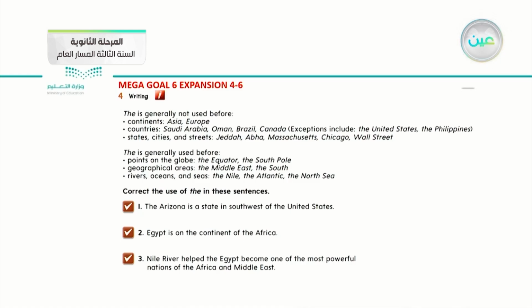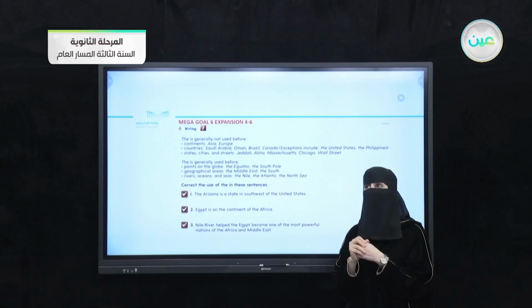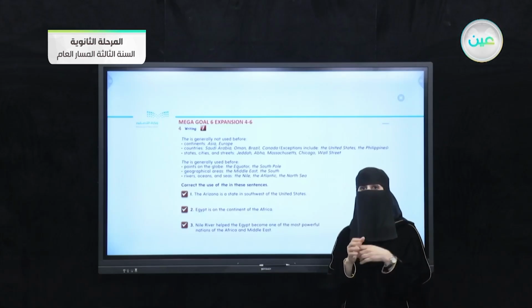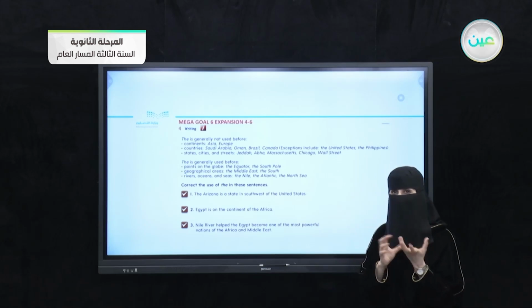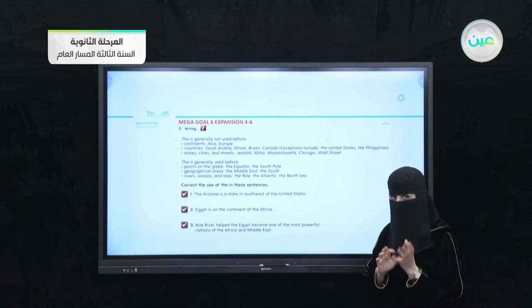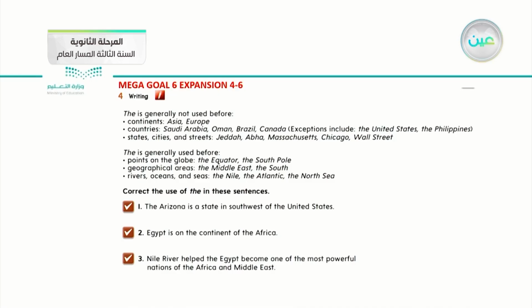All of this, we can't use "the" before it. And there are some exceptions also, as lakes, as mountains. We found a group of lakes as the Great Lakes. We can use "the" with it. And also, if we want to talk about a famous mountain such as Alps mountain, we can't use "the" with it.